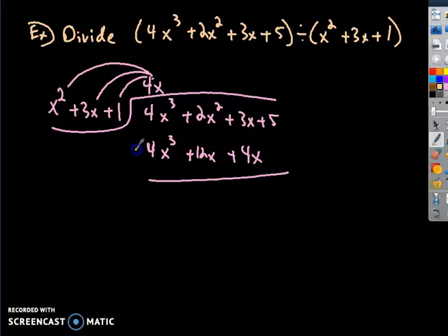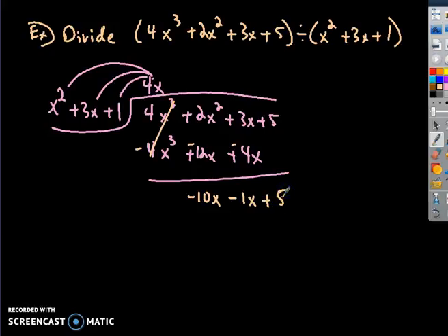So this becomes negative, this becomes negative, this becomes negative. Right? So add these up. These two add up to be nothing. 2x squared plus a negative 12x squared is a negative 10x squared. And then 3x plus a negative 4x is a negative 1x, plus 5.